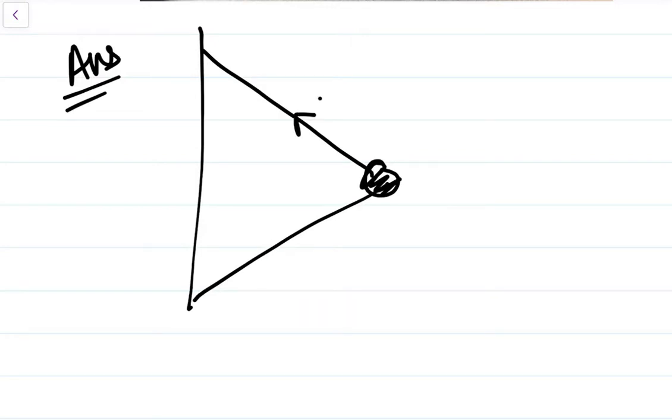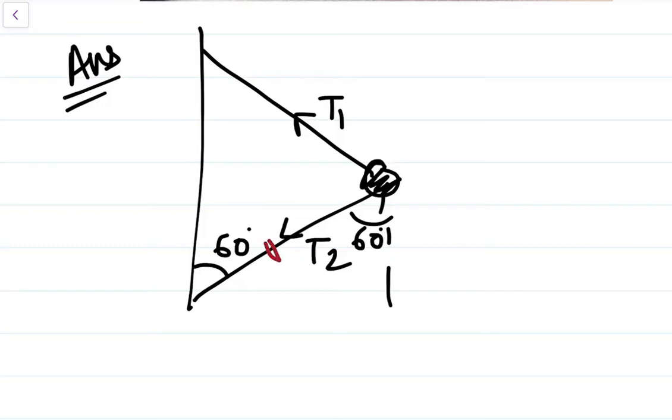Let the tension in this string be T1 and this be T2, right? And this angle was 60 degrees, so obviously this angle will also be 60 degrees, and of course we have been given that these two lengths of string are equal, so obviously this angle will also be 60 degrees and this angle will also be 60 degrees.